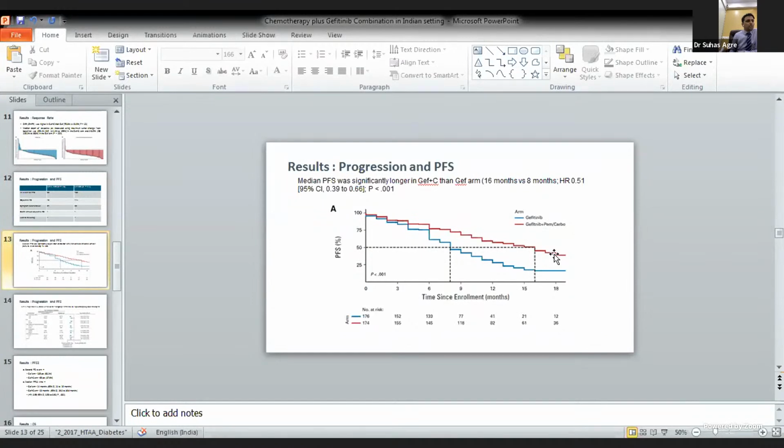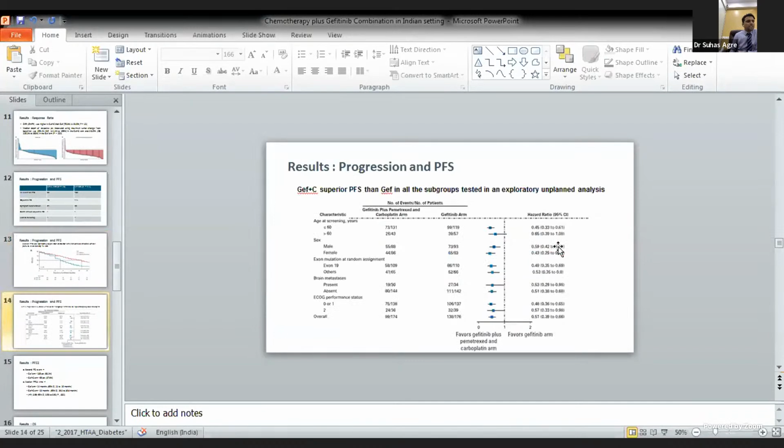The median PFS was significantly longer, almost double in the gefitinib plus chemotherapy as compared to the gefitinib arm, with a 50% reduction in the risk of disease progression.